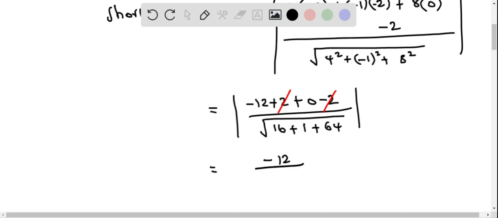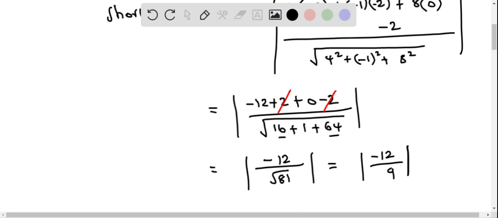-12 divided by, this is 16 plus 64 is 80, 80 plus 1 is 81, so we get the square root of 81, and so this equals -12 divided by the square root of 81, which is 9.